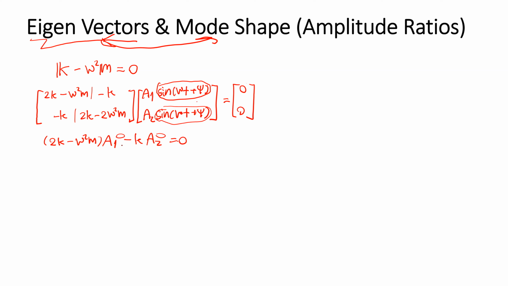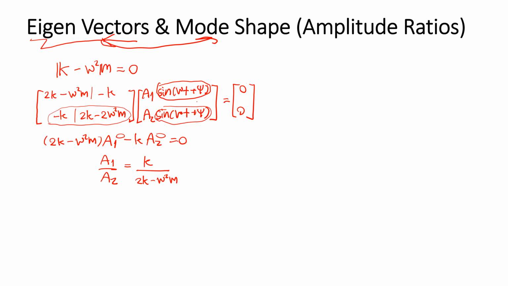So by this equation, we can find the ratio of a1 per a2. a1 per a2 is equal to k divided by 2k subtract omega square m. What if we do the same way to the second row?